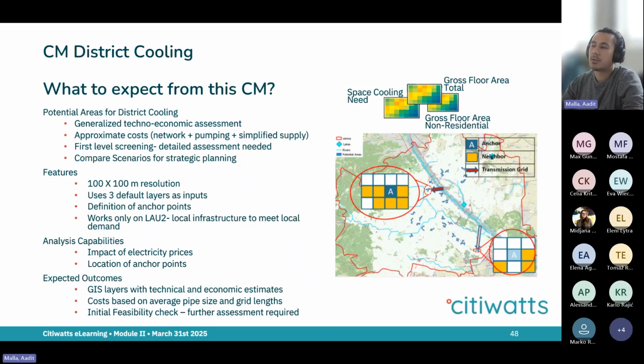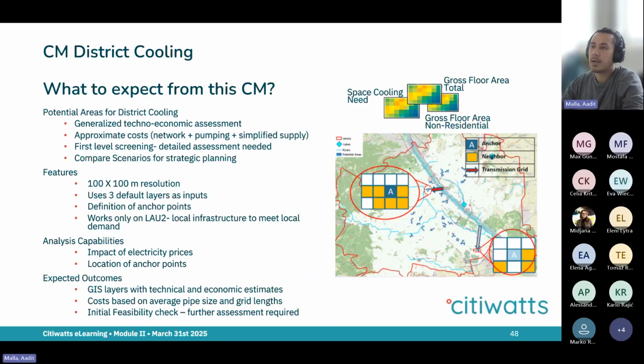So what the calculation module mostly tries to do is identify these so-called anchor points and see if neighboring cells, or even residential buildings around these cells, can still be supplied with cooling in an economically feasible manner. And the calculation module works on a LAU 2 region, mostly because district cooling is a local infrastructure and mainly planned only to meet local demands rather than working on a national or regional level.